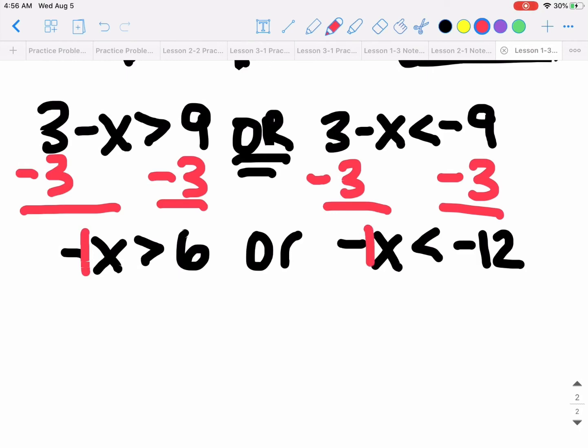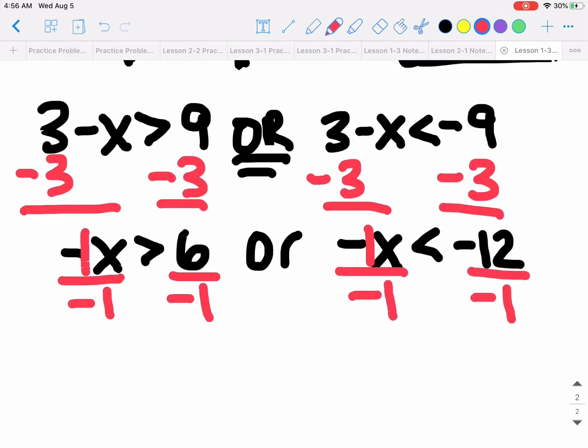So I'm going to get rid of that multiplying by negative 1 by dividing both sides by negative 1. If I do that on the left-hand side, I can do that on the right-hand side as well. When I divide or multiply an inequality by a negative number, I know that that changes the sign.